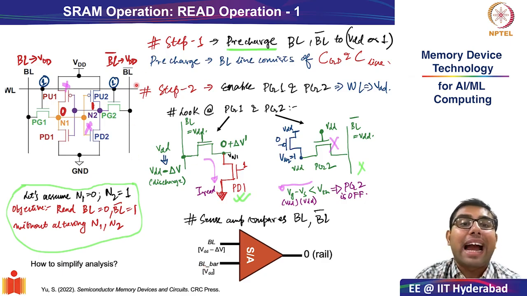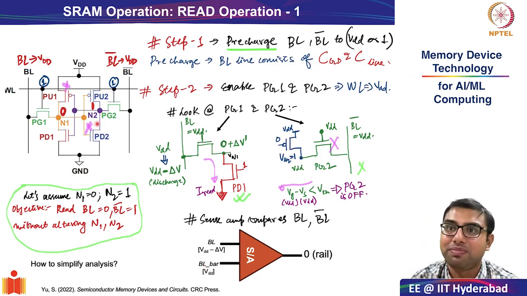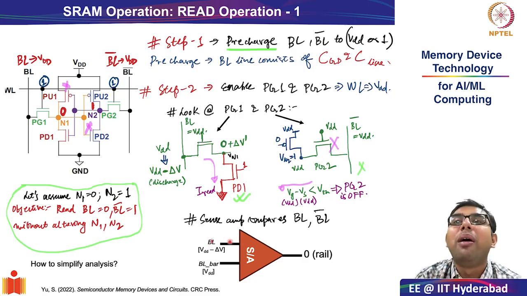Remember, there was no activity happening in the PG2 or the right hand side of the branch. And as a result, there is this small potential difference in the sense amplifier.